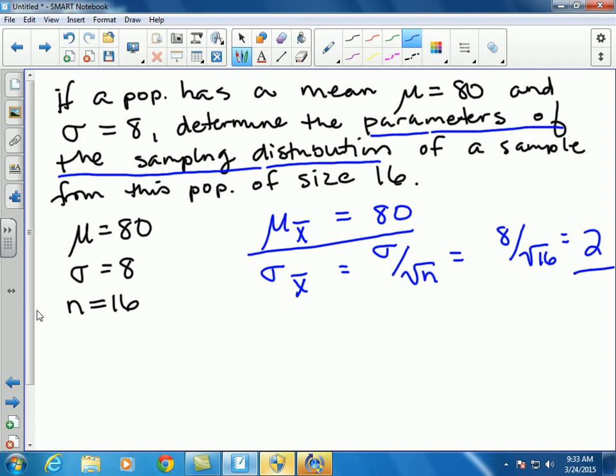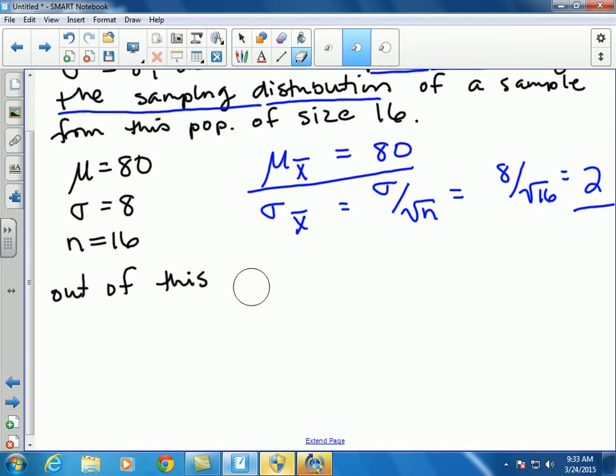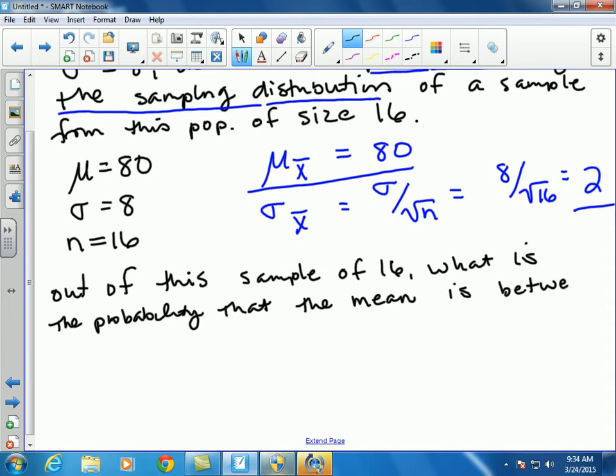And I could go a little further and ask another question, which is, out of this distribution sample, what is the probability that the mean is between 76 and 84.